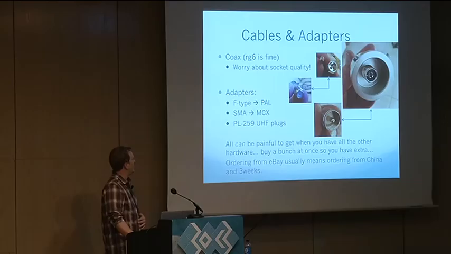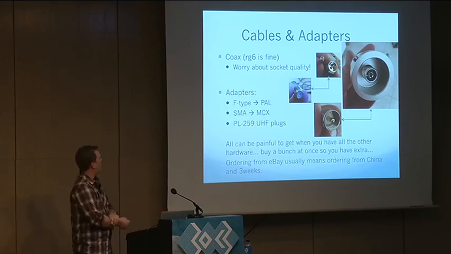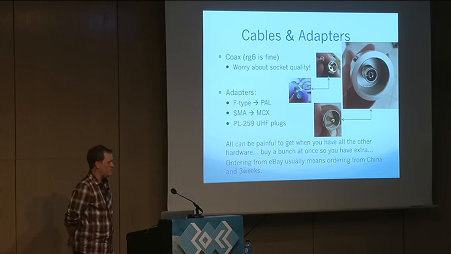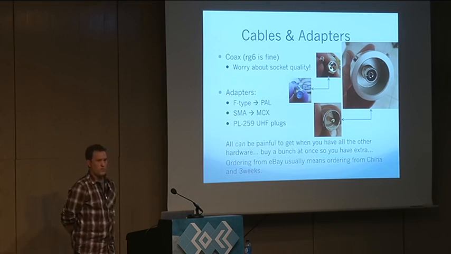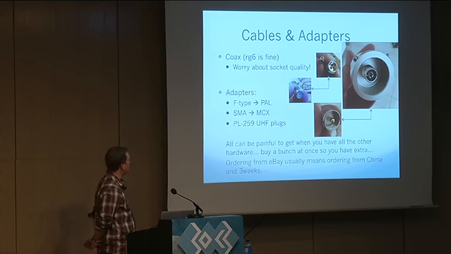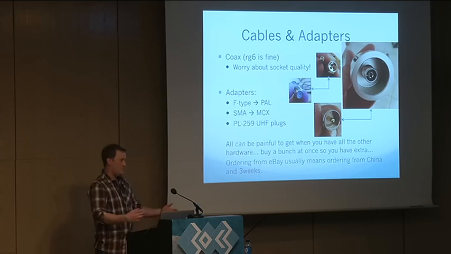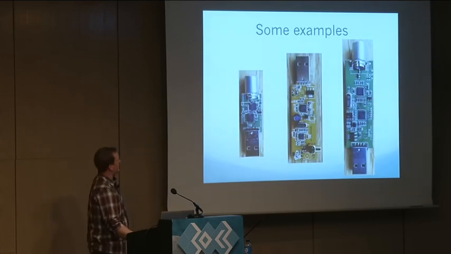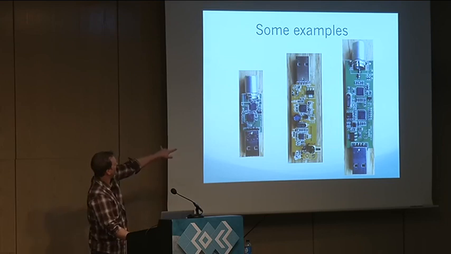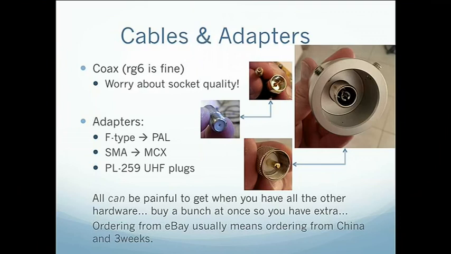Now we go to some cabling and adapters and that kind of thing. For basically everything, I'm using RG6 coax cabling, 75 ohm impedance, and it works great for all the UHF and VHF analysis that I'm doing currently. The adapters that you're going to have to worry about, typically for the PAL guys on the left and the right, you're most likely going to need F-type to PAL.